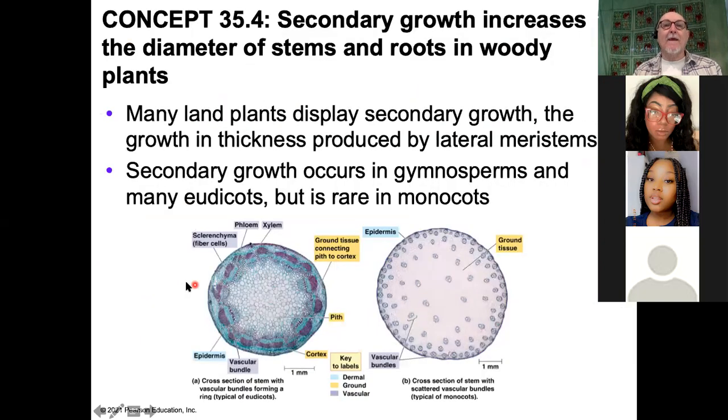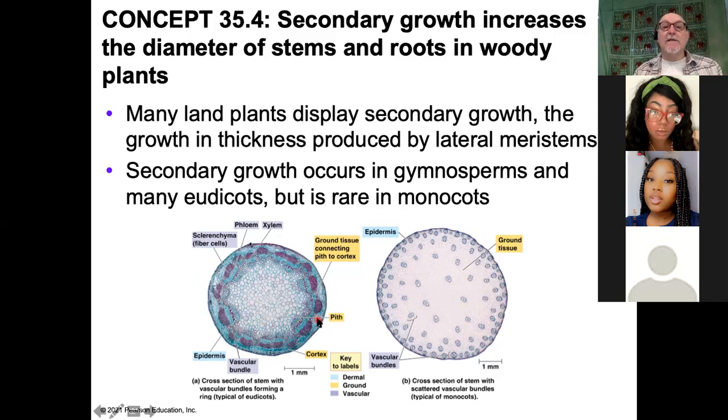Okay, thank you. So, as I pointed out to you, because of the organization of the stem structure, extensive secondary growth is limited to the eudicotyledonous plants and to the gymnosperms.